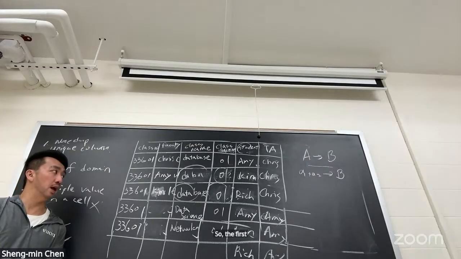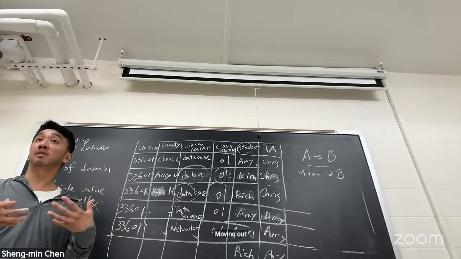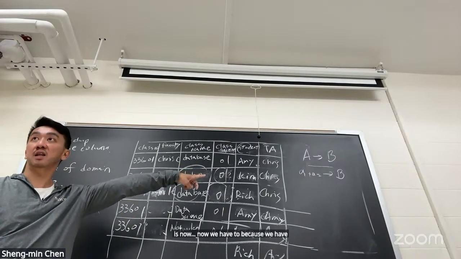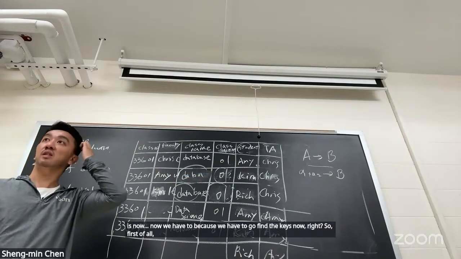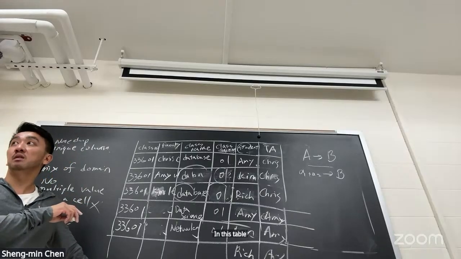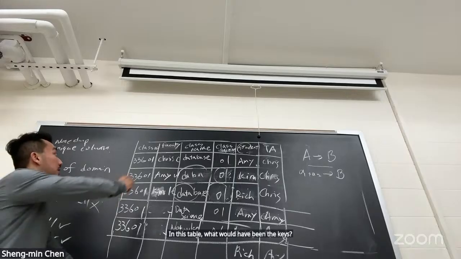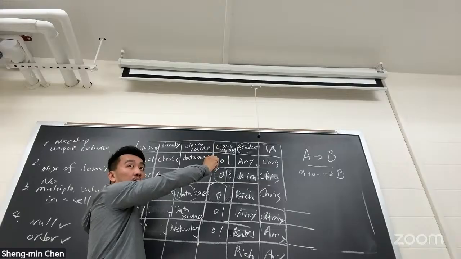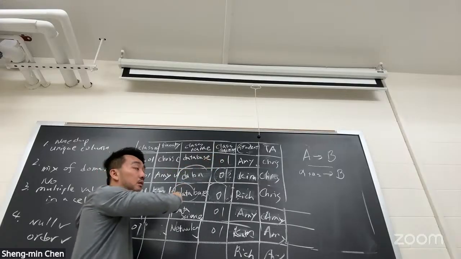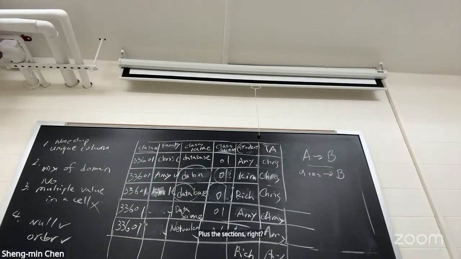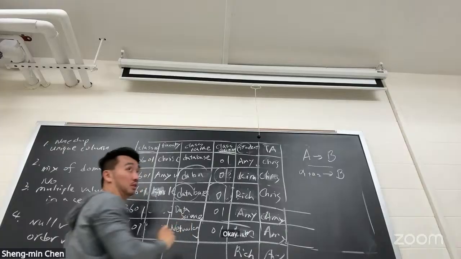So the first thing we have to do now, moving on from the first normal form, is to go find the keys, right? So first of all, if we have to start making keys in this table, what would have been the keys? Class ID. Class ID and what? Class section. Section, right? Class and sections, right? Okay. Class and sections.